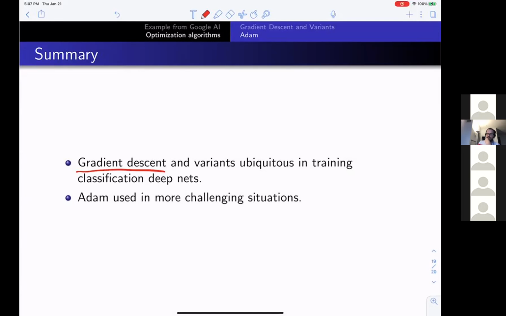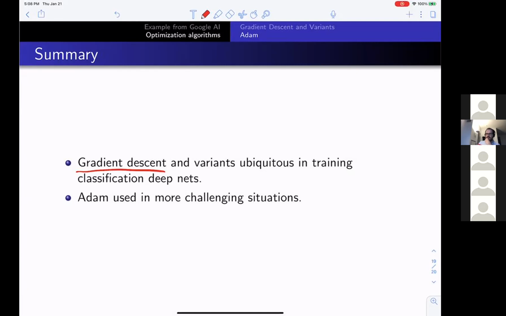But if you have a very good GPU, then you want to use large batches, right? Do you agree with this statement? Because the larger the batch size, the faster you're going to train the network.